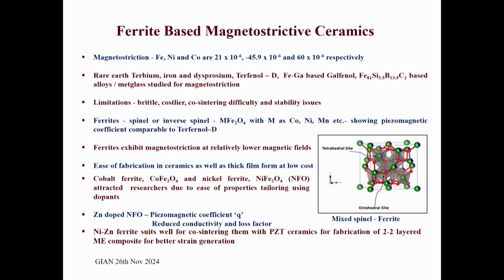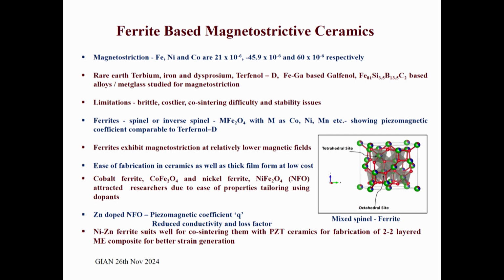Among the spinel ferrites, cobalt ferrite has a very high magnetostriction value. People have succeeded in getting a magnetostriction of more than 300 for cobalt ferrite, whereas nickel ferrite as such has a low value of magnetostriction.